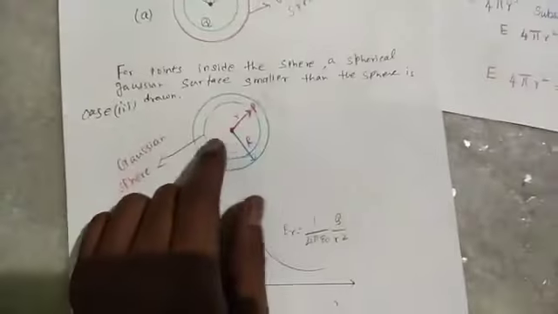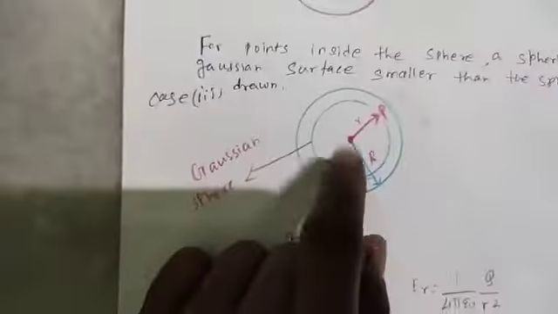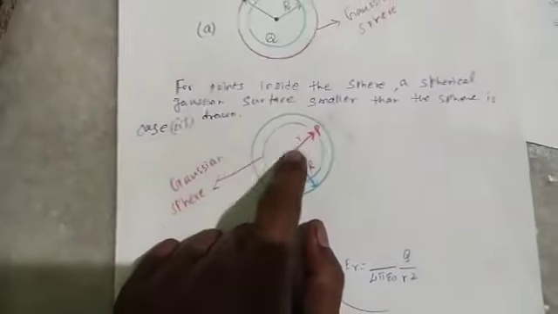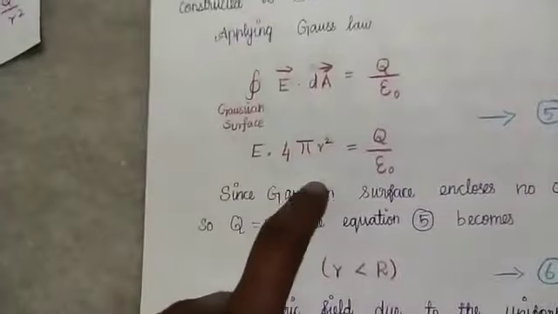In the Gaussian surface, the blue sphere, there is no charge inside the sphere. So the right side will be 0.